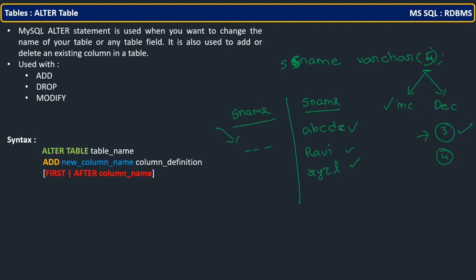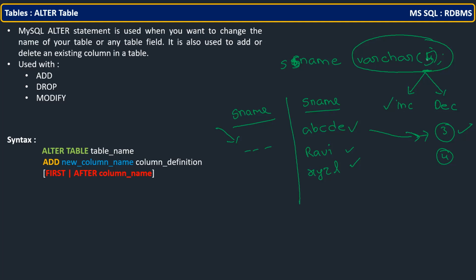So that is why, sometimes if you want to change the type or size, you must take care of existing data. If every existing value is within the new size, then it will allow. Otherwise, it will not allow.